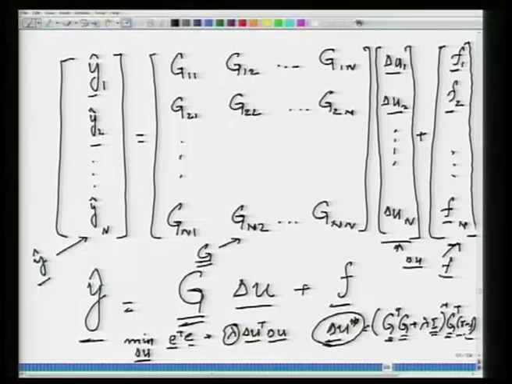The control moves that I get, the delta u that I will get, so delta u1, what I do to control input 1, depends not only on what E1 is, the error in variable 1, but also on the error in 2, error in n, and so on. The calculation of the optimal control moves, which comes through either matrix inversion or through quadratic programs, is naturally multivariable.